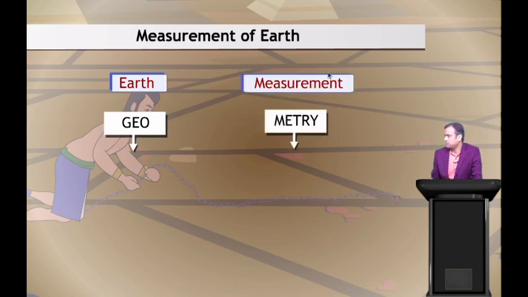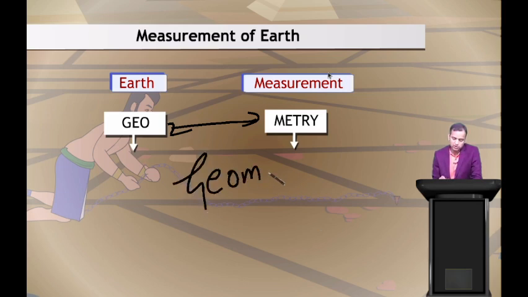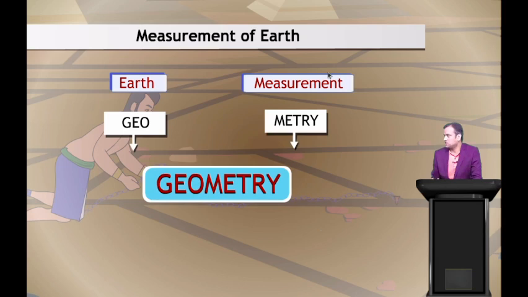Measurement is called metry. So if we connect both these words, we get our new branch of mathematics, which is called geometry. So geometry means, if we break the meaning of geometry, measurement of earth, because geo is earth and metry means measurement.